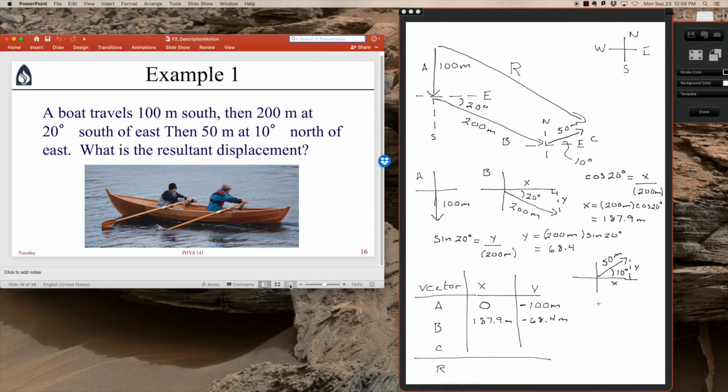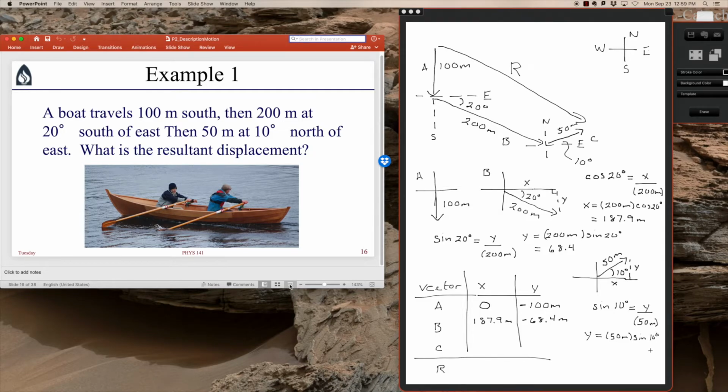So let's see, if I take the sine of this 10-degree angle, then the sine of the 10-degree angle would be opposite over hypotenuse. And if I solve for y, that gives me y is 50 meters times the sine of 10 degrees.